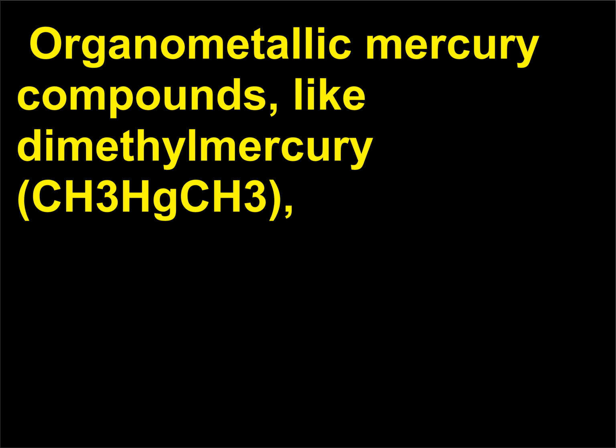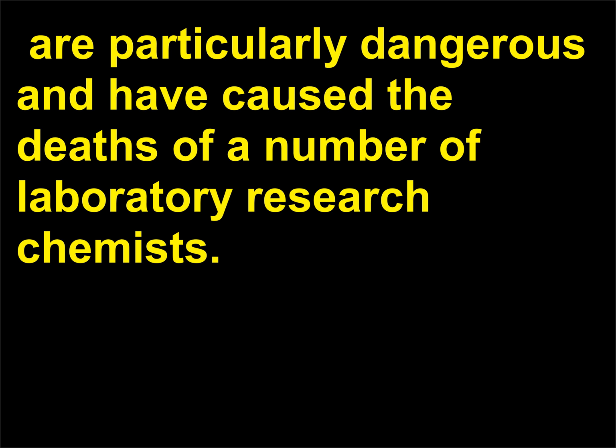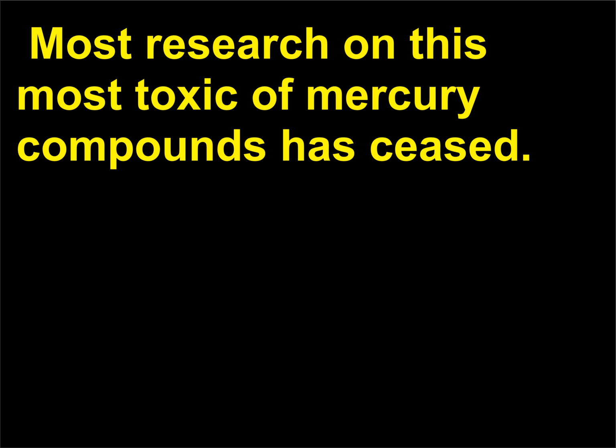Organometallic mercury compounds, like dimethylmercury, CH3HgCH3, are particularly dangerous and have caused the deaths of a number of laboratory research chemists. Most research on this most toxic of mercury compounds has ceased. Be careful cleaning up that broken thermometer.